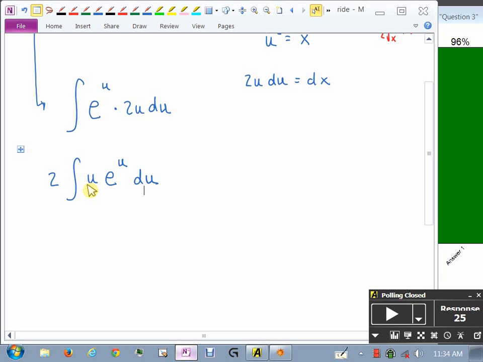Understand? I would avoid u prime because then u prime might mean derivative, right? Yeah, you could also just switch letters. Whatever you see fit for you.